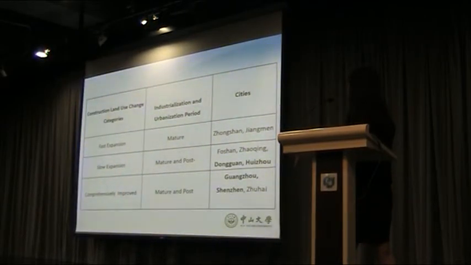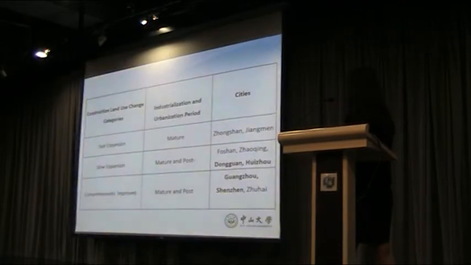And for cities like Foshan, Zhaoqing, and Dongguan and Huizhou, we care pretty much about Dongguan and Huizhou because it's along the Dongjiang River. So we are expecting some slow expansion because it's going to enter the mature and post-industrialization time.